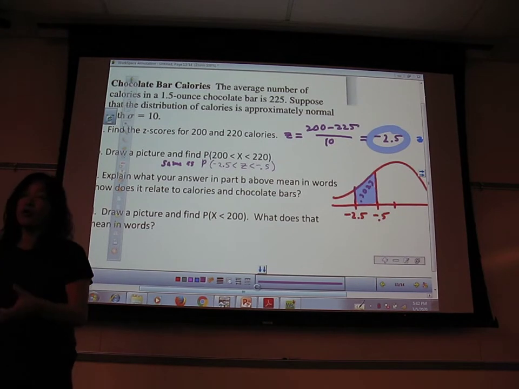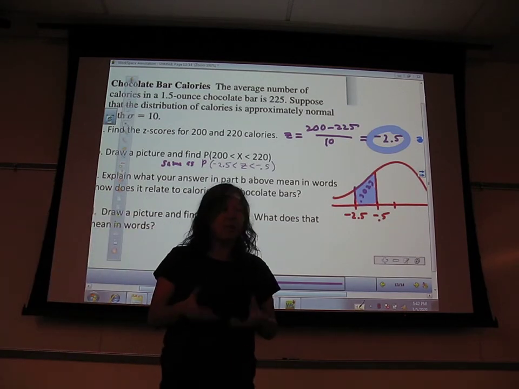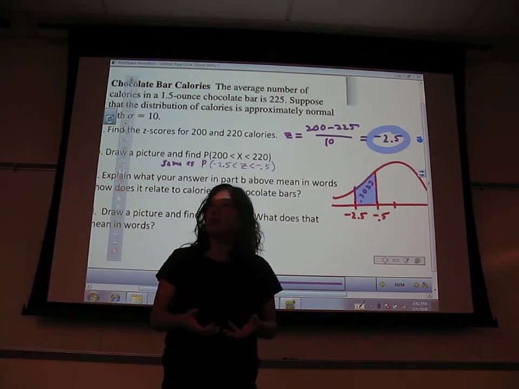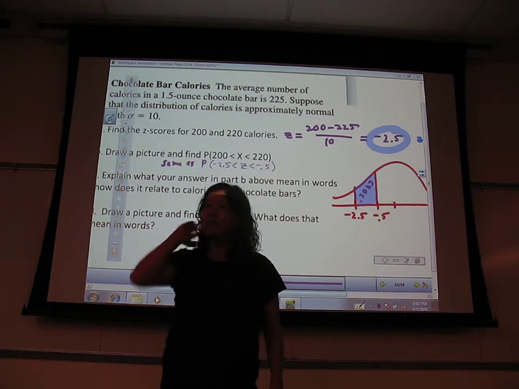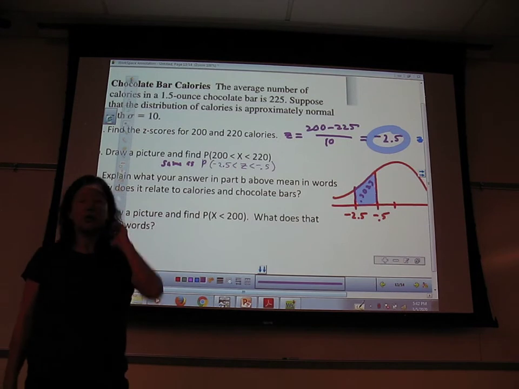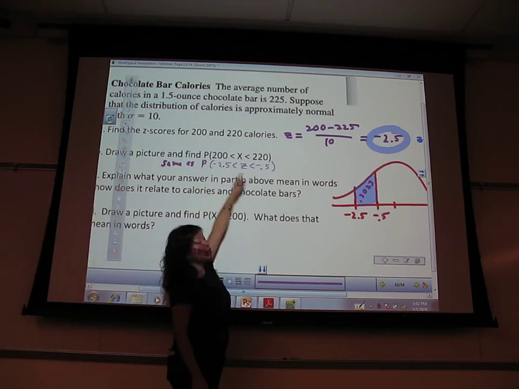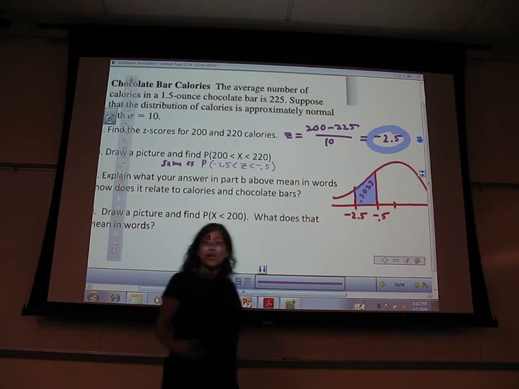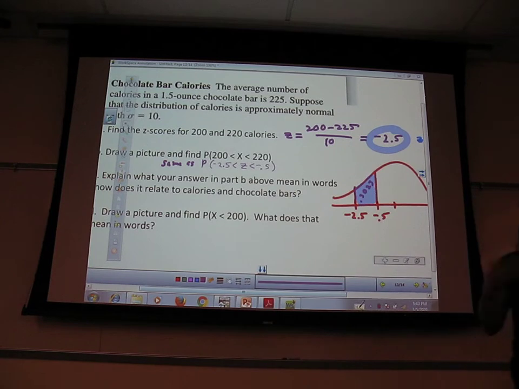How far is 200 away from the mean? How many standard deviations is that? Find the z-score for 220. How far is it from the mean? How many standard deviations is it away from the mean? Good? So what does it mean when it says between? Between the two, you have to find the z-scores for each of them. You have to convert each. Those are the two values you care about. You need to find the z-score for each of those values.